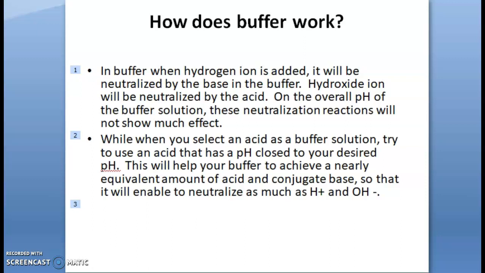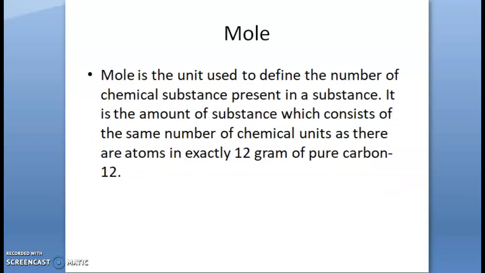On the overall pH of the buffer solution, this neutralization reaction will not show much effect. When you select an acid for a buffer solution, try to use an acid that has a pKa close to your desired pH, and this will help your buffer achieve a nearly equivalent amount of acid and conjugate base, so that it will be able to neutralize as much H plus and OH minus ions.